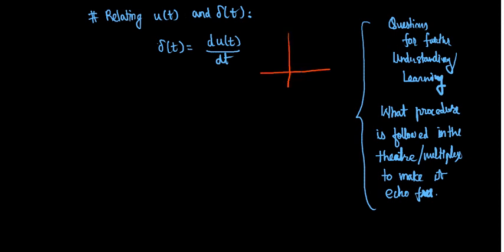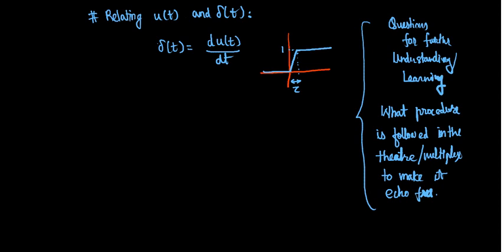Assume that practically I will get such kind of signals. Unit step, there will be some kind of delay. Let that delay be tau. Let this be 1. What if I differentiate this signal? Can you tell me its differentiation?